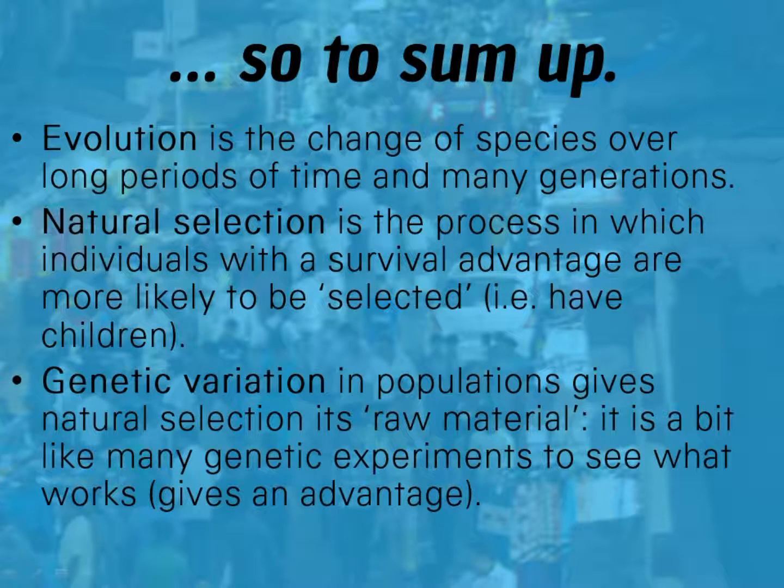Genetic variation, the thing that we've been talking about, is the raw material of natural selection and the raw material of evolution, therefore. It is a bit like running many genetic experiments together to see what works best. And what works best is what gives that survival advantage.